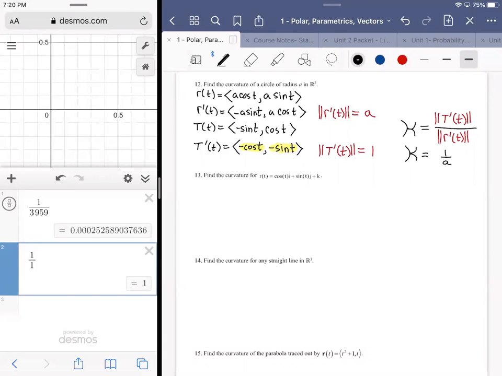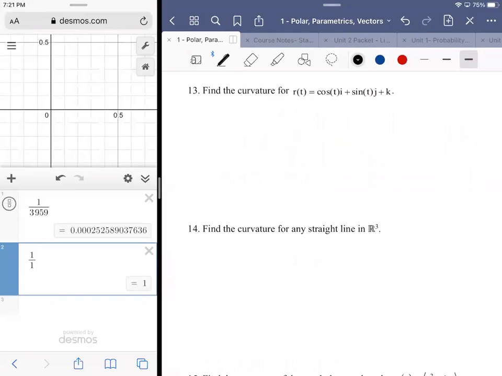Yeah, so the next one's along the same lines. We've tackled a lot of these problems already in terms of figuring out the magnitude and the derivative and the unit tangent vector, so there's a lot of overlap here. But what I'll do is hop on down to number 14, curvature of any straight line in R3.